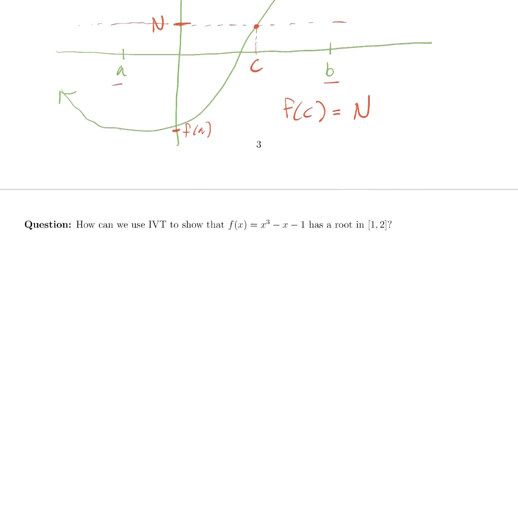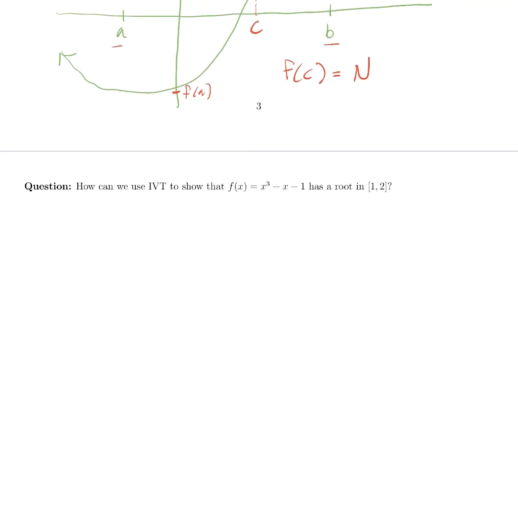All right, here's a question. How can we use the intermediate value theorem to show that x cubed minus x minus 1 has a root somewhere in the interval from 1 to 2? Okay, well, what do we know about this function f(x)? It is a polynomial. In fact, it's a third degree polynomial.